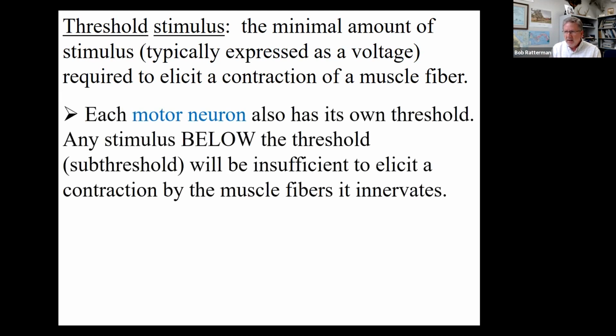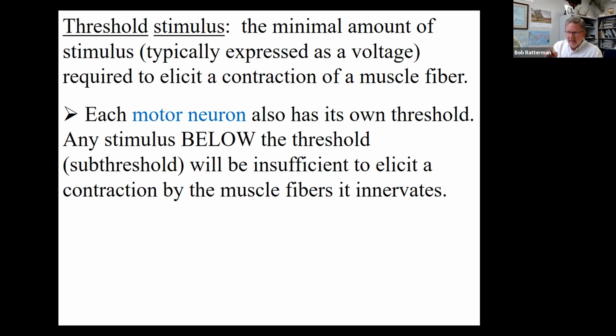If you stimulated at a voltage below the threshold, the muscle fiber would not contract. It's only if you reached or exceeded the threshold that the muscle fiber would contract.